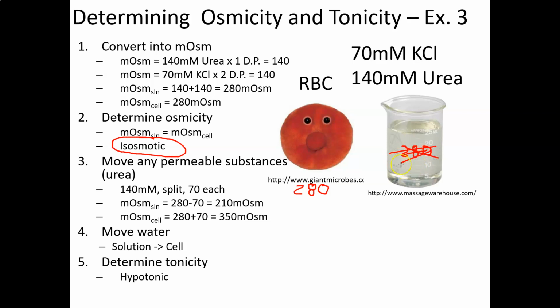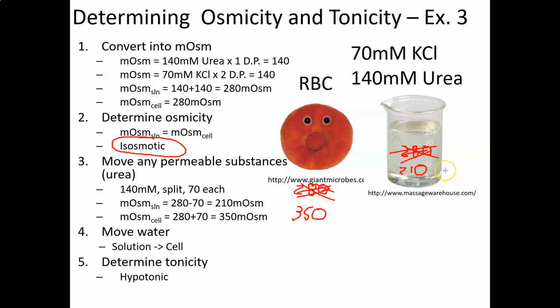This number goes from 280, 70 moves in, it goes to 210. So the solution now is 210. Because 70 came in to the red blood cell, it goes from 280 plus the 70, that makes it 350.